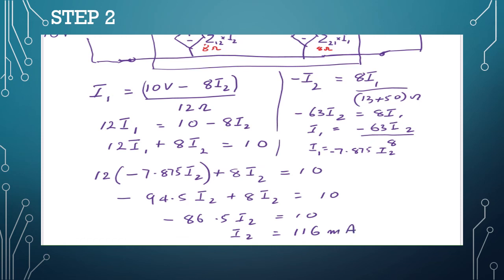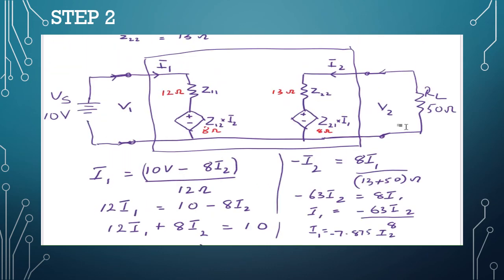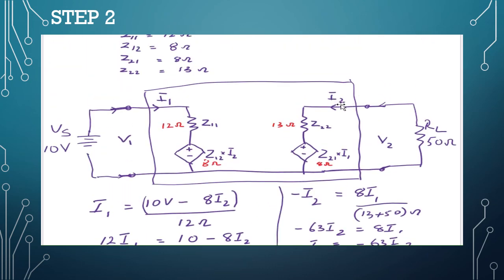Okay, so I2 becomes negative 1.116 milliamps, which says that our current is not in this direction, but our current is flowing here.